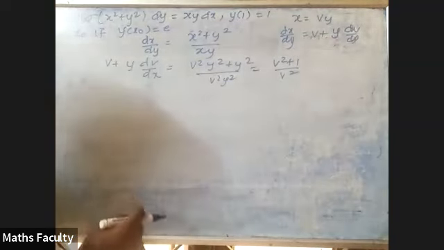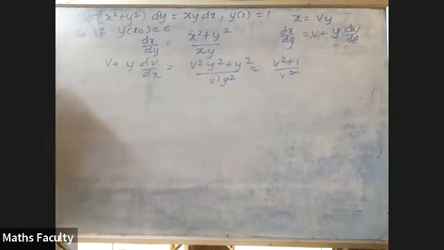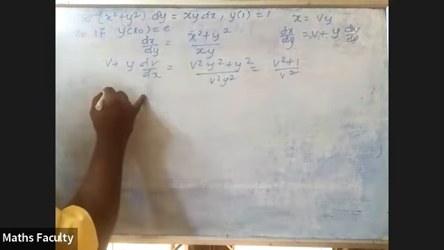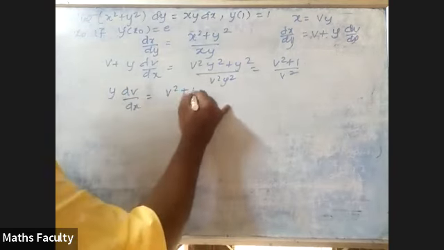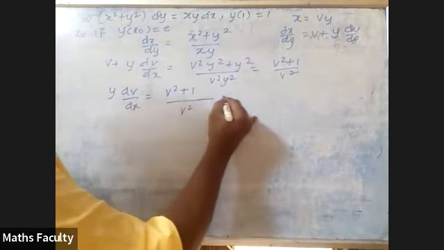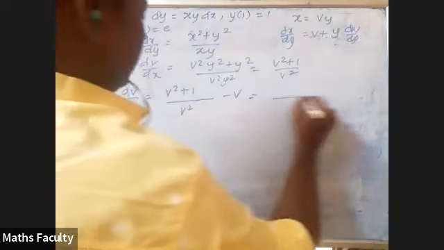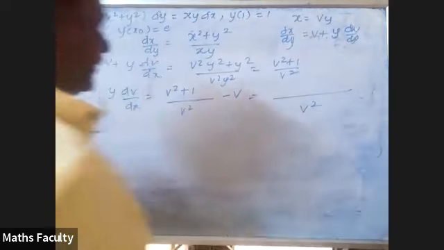Bring this v square that side. So we have v square plus 1 divided by v, which is equals to y dv by dy is equals to v square plus 1 divided by v square minus v. Taking LCM, v squared.